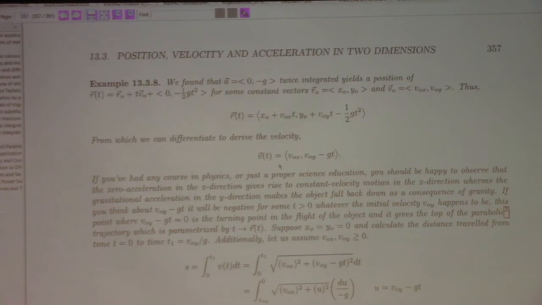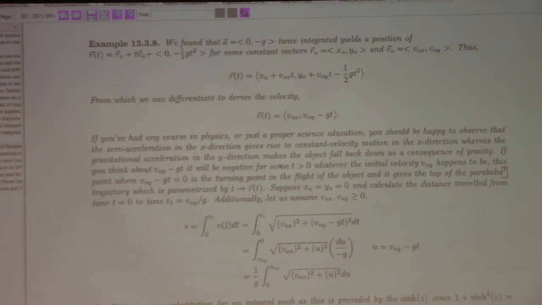What I really wanted to show you was, for kicks, I calculated the arc length for parabolic motion starting at not necessarily the origin. So here I'm starting at x naught, y naught, and you get a parabola like that, right? So what would be the arc length of that?